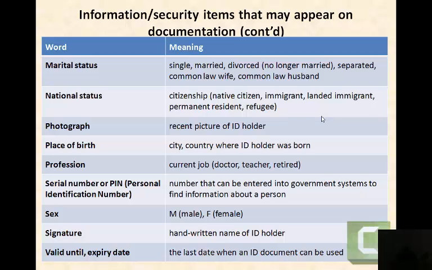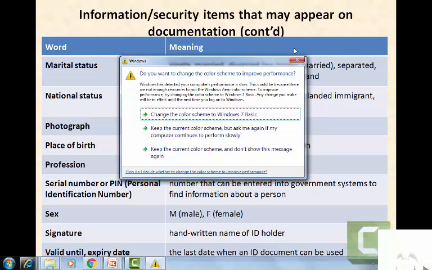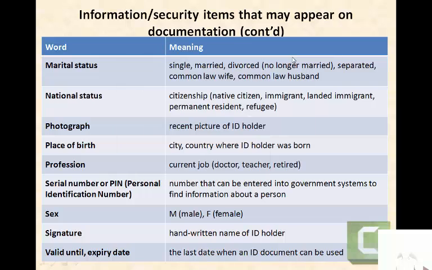National status. This is about citizenship: native citizen, immigrant, landed immigrant, permanent resident, and refugee. Photograph. This is a recent picture of the ID holder.